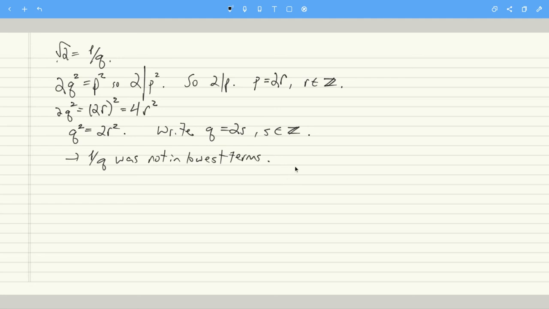And that ends our proof that the square root of 2 is not rational. That proves that x squared minus 2 is irreducible.